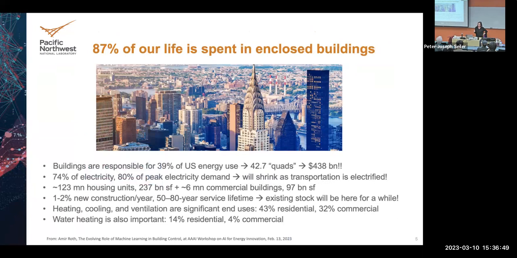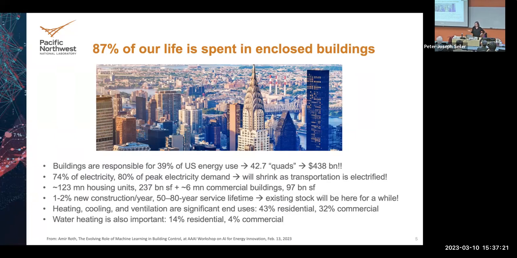But what motivates my work is not necessarily video games. It's looking at some of the energy applications that are important for the Department of Energy. And one of these applications that is very motivational for this approach is building energy efficiency. So over the past 12, 15 years, I've been working in the area of building energy efficiency applications.